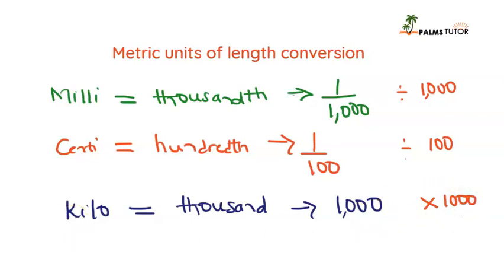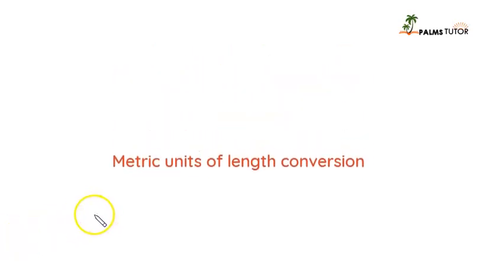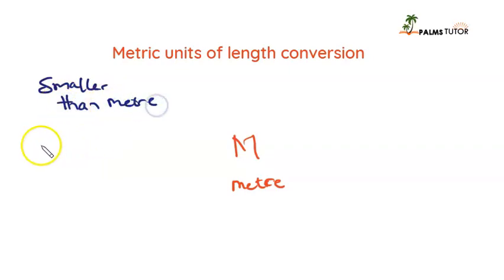To drive that in so that you understand better, let's compare them. If we have meter at the center here, let's talk about the units that are smaller than meter. We have the millimeter and we also have the centimeter.